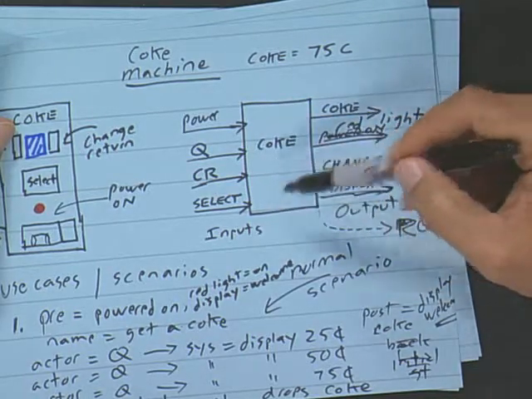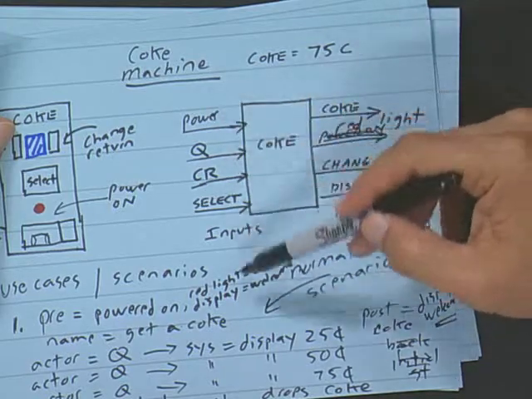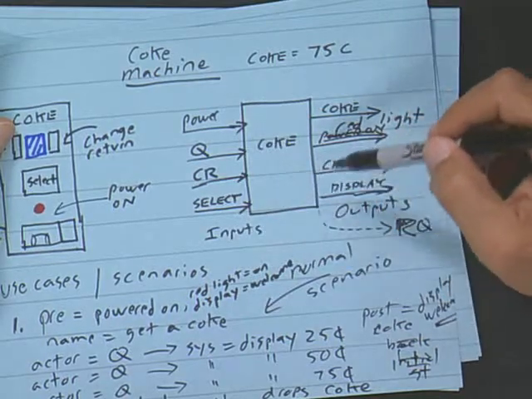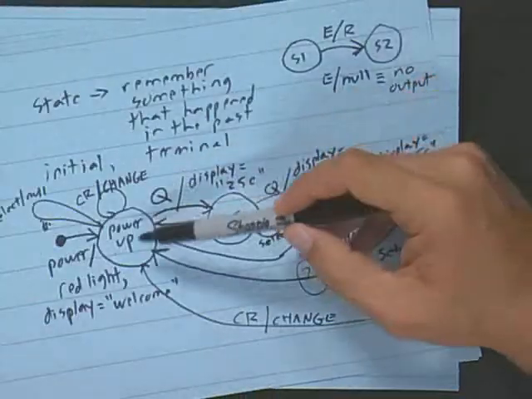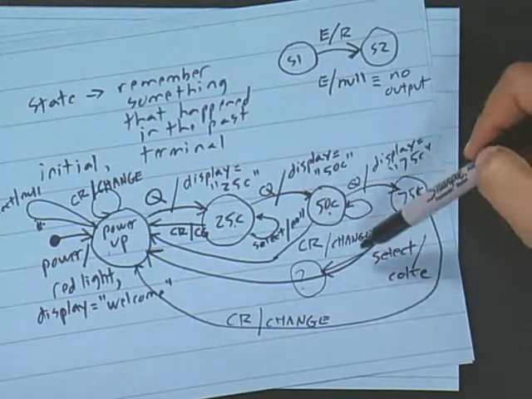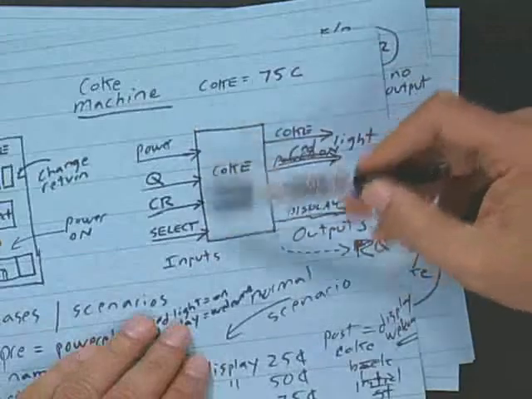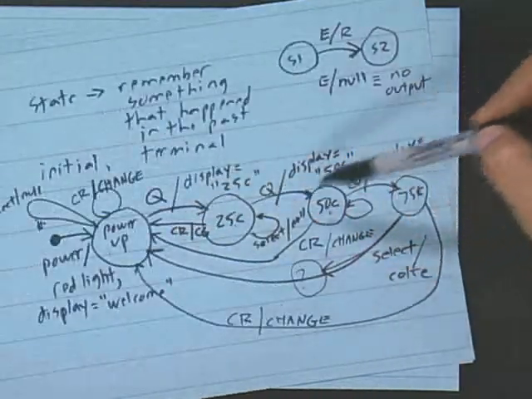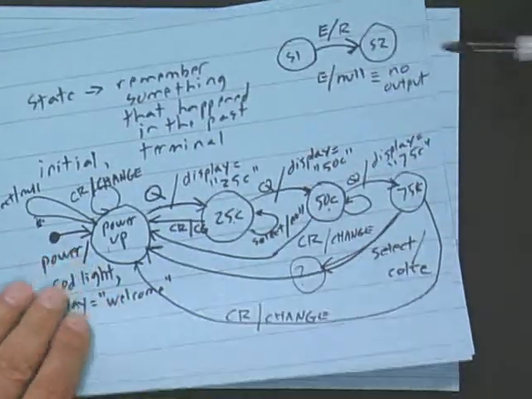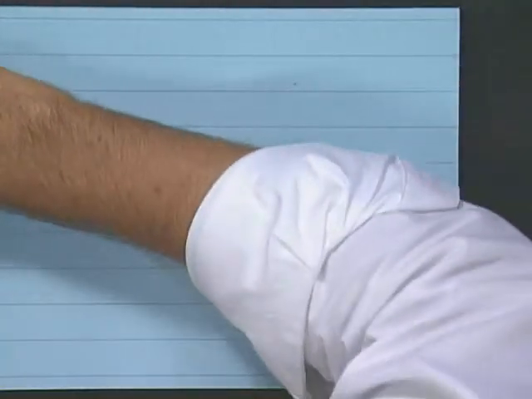What's the behavior of this system when I get these inputs, these stimuli, in every state of the system? So in other words, when I'm in this state, this state, this state, what happens when I get every single one of these inputs in every state? What do I do? You can show this on a kind of matrix as well.